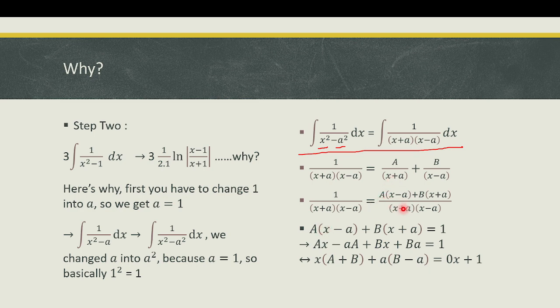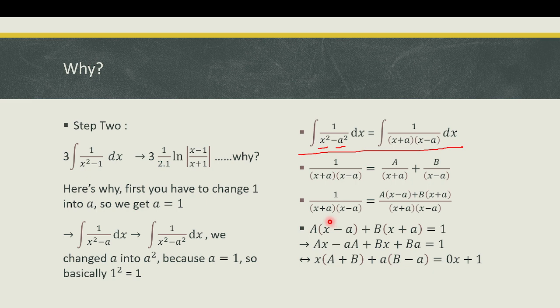If you divide this equation into this equation, the plus a will be cancelled out. And if you divide this equation into this equation, the minus a will be cancelled out. So here we only have A times x minus a plus B times x plus a over the denominator, which is x plus a times x minus a.